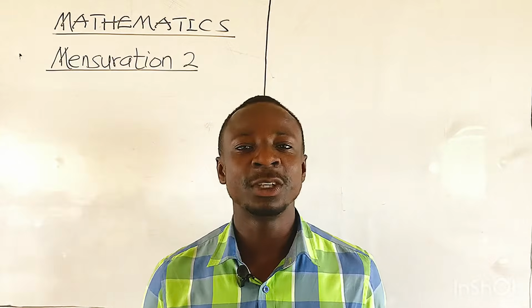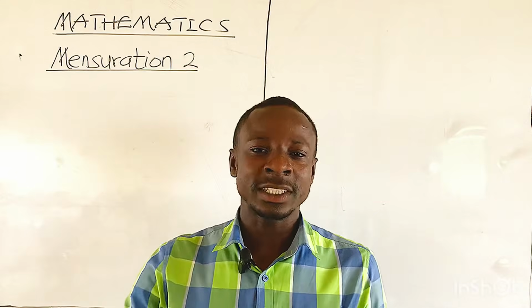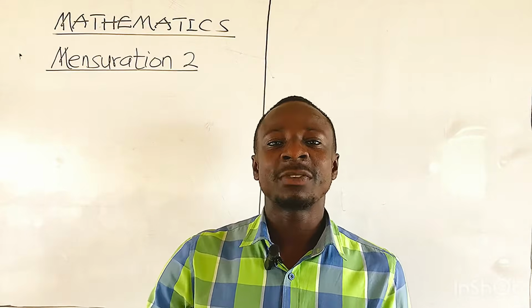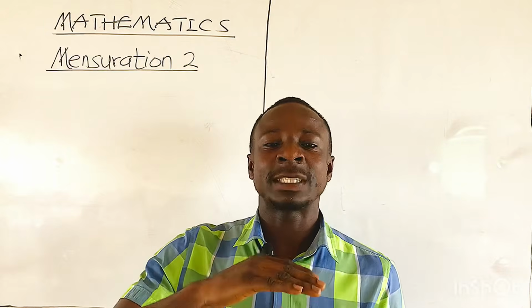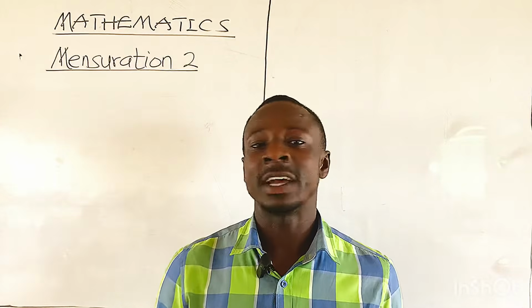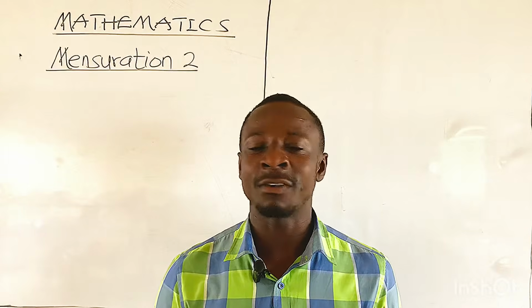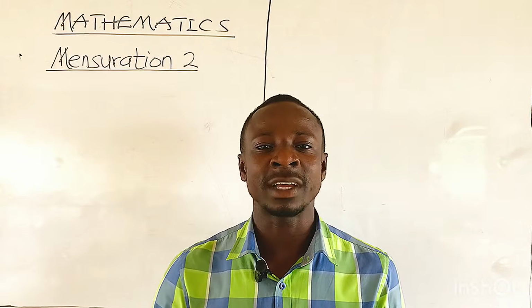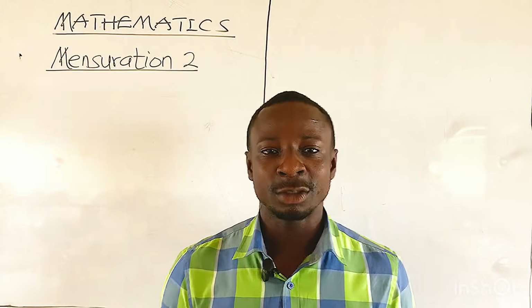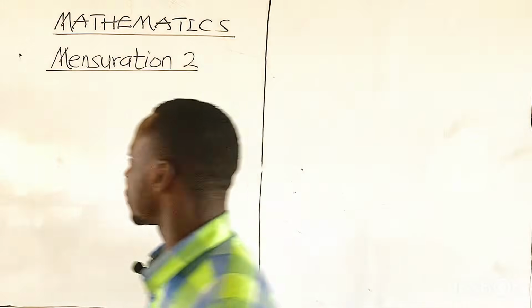When you talk about the volume, it's how much a solid figure can take of a specific quantity of a substance. So it can be water or any liquid, how a solid figure can contain it. So let's take some few notes.